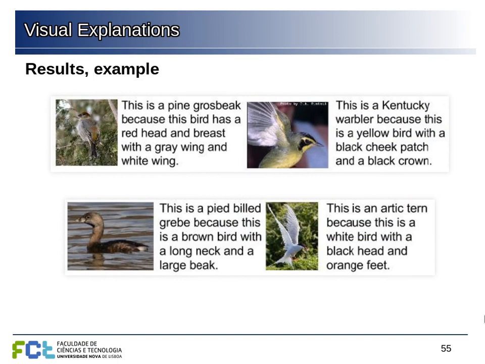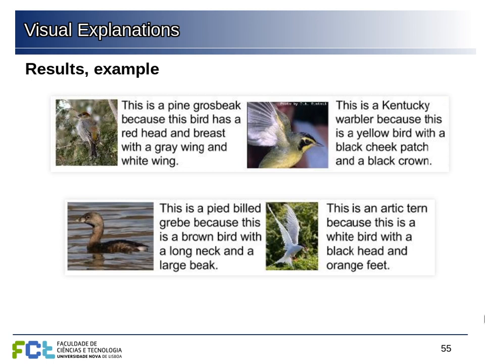The classification network tells us this is a grosbeak, and the recurrent network is generating this explanation because it has a red head and a breast with a gray wing and so on. So you generate text that corresponds to the kind of descriptions that we have for these kinds of birds.